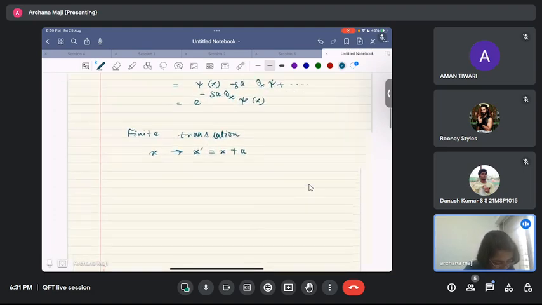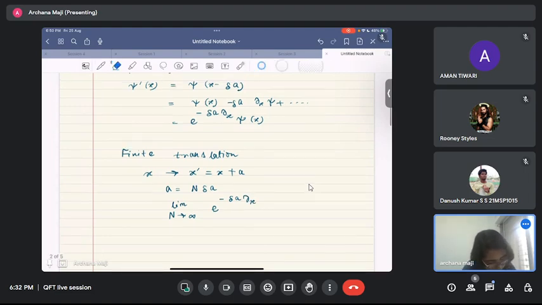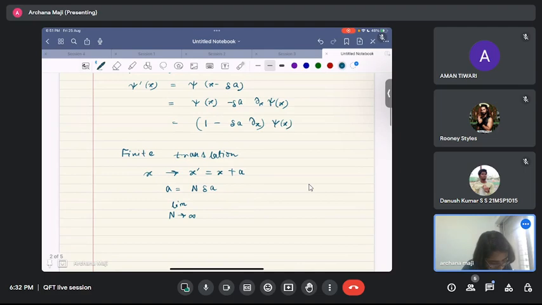And that finite translation you can obtain by calling a to be n delta a, so that in the limit n tending to infinity, exponential of, so psi prime of x is equal to 1 minus delta a.